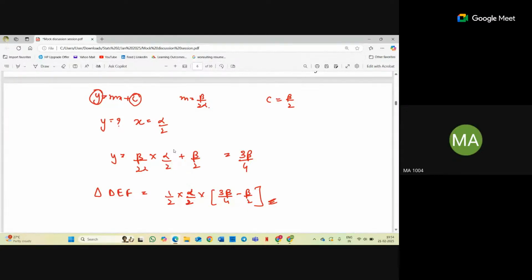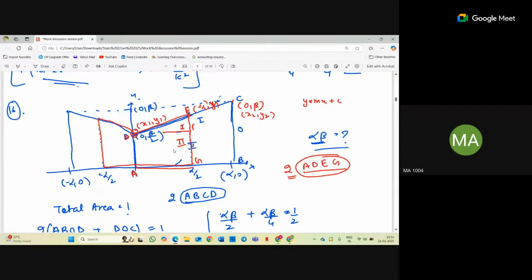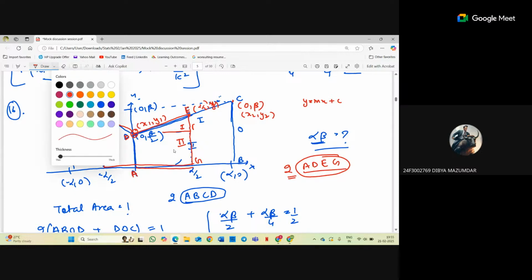Now for triangle DEF, area is half into base, which is alpha by 2, into height. Height would be this whole part, that is 3 beta by 4 minus this part.